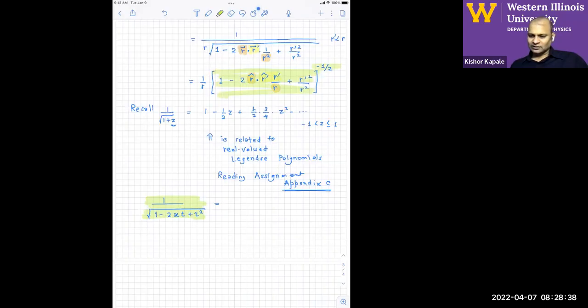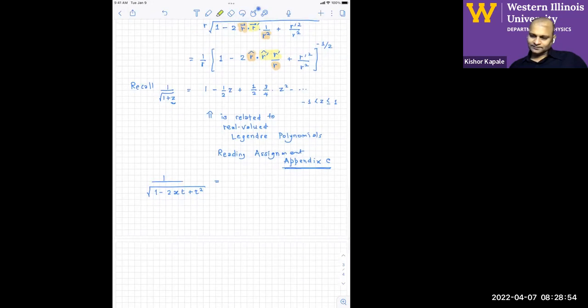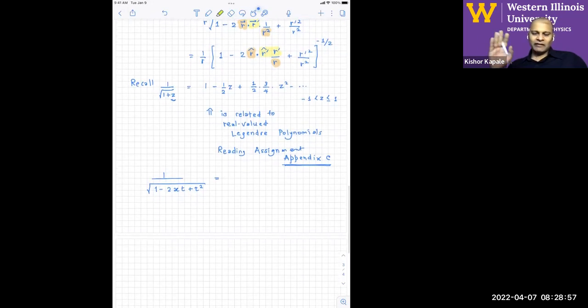It's 1 minus 2 times r prime hat dotted with r hat, and so that's that x. Then there is some other term, t, which is this r prime over r, and then you have r prime over r squared.